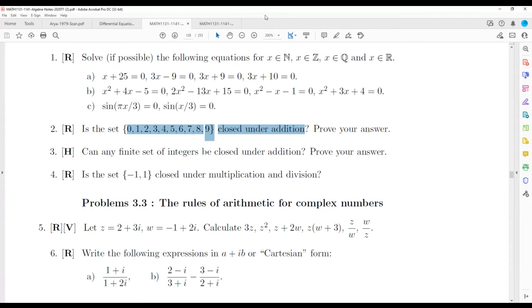Is it closed or not? Eloisa says no. Anyone else want to say something? There's 16 people here. Some people are being very quiet. Kevin says no.